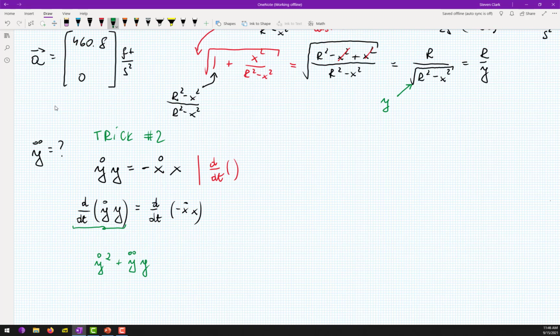I just heard y double dot times y double dot, but it's different. Sorry, apparently I didn't hear it well. I'm not going to ask you to do the right-hand side because it's basically symmetric. It's basically the same.